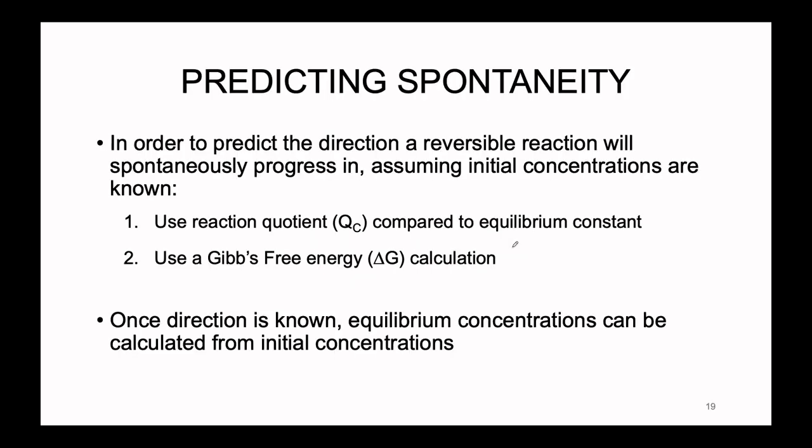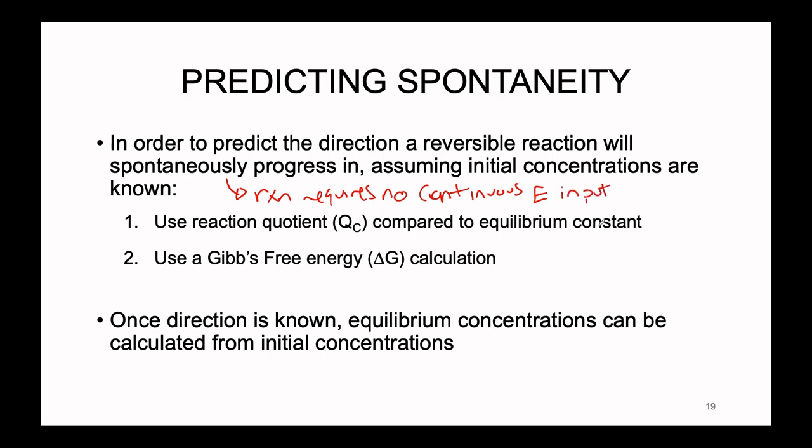There are a couple of different ways that we can predict spontaneity in a reversible reaction. If we want to predict the direction a reversible reaction will spontaneously move in, spontaneous in this sense means that the reaction requires no continuous energy input.